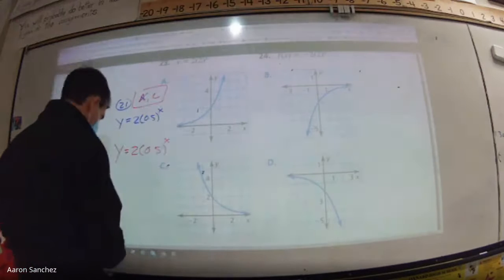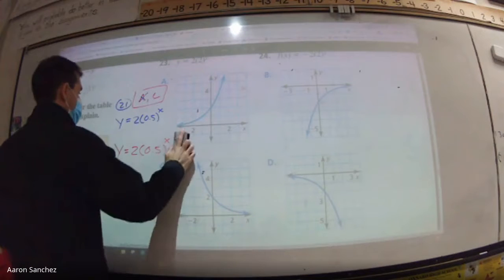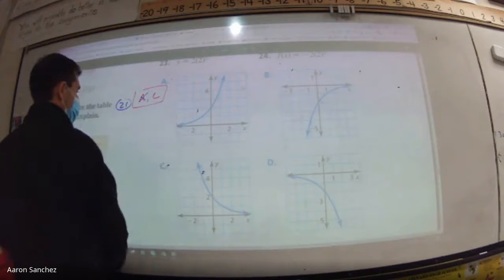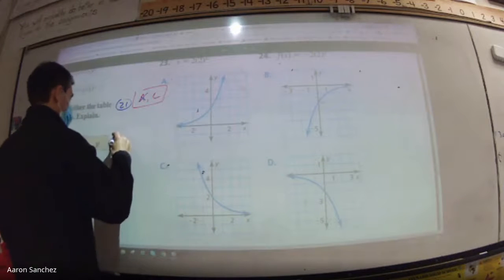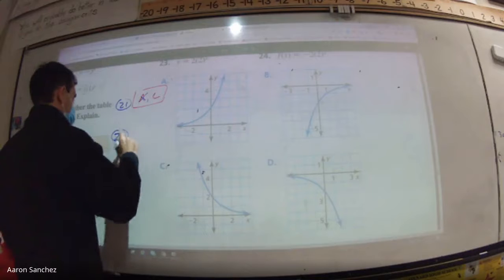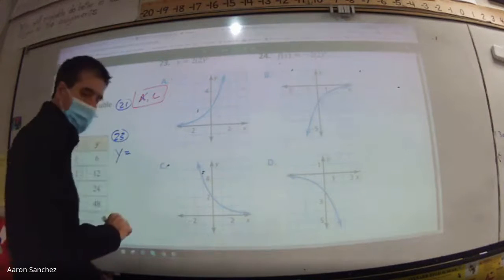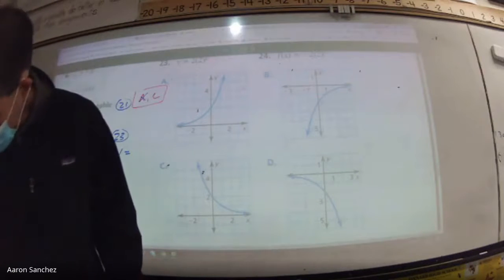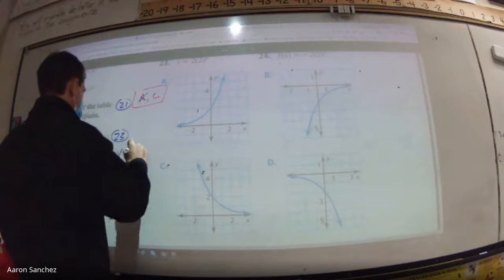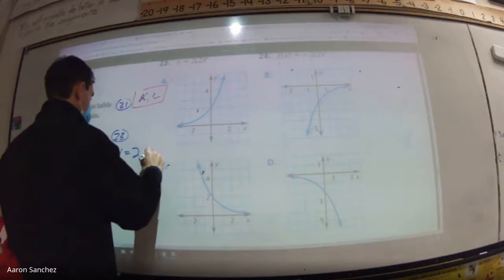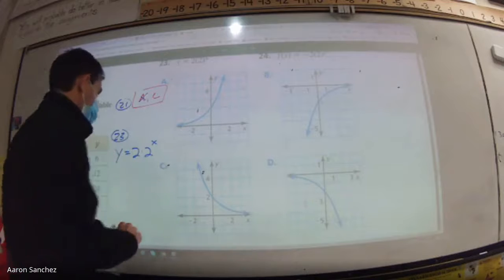Let's look at 23. 23 is y equals 2 times 2 raised to the x.